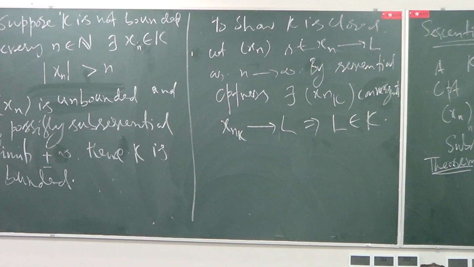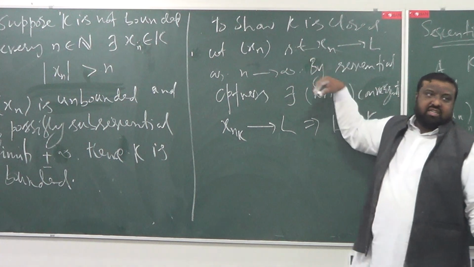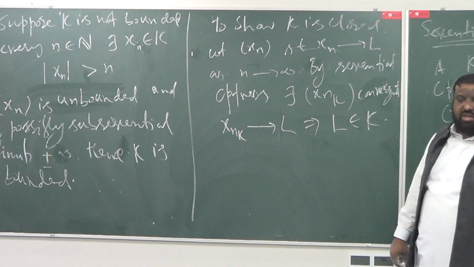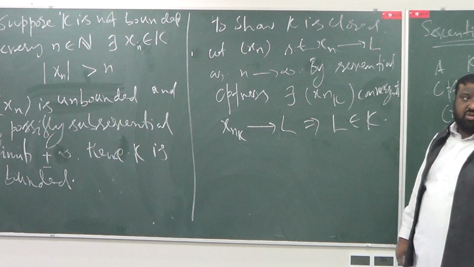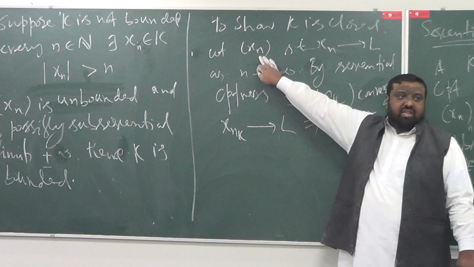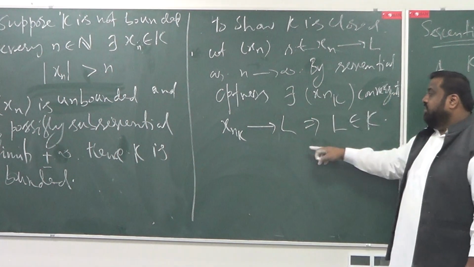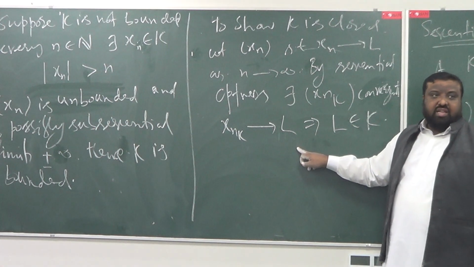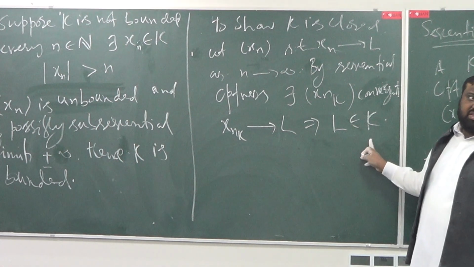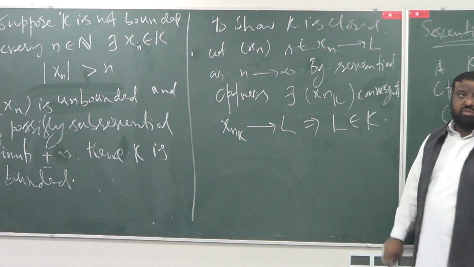What was the definition of closedness? Closedness says that take a convergent sequence, its limit should also belong to K. And I'm saying that it follows from sequential compactness: there exists a convergent subsequence, and since the sequence is convergent, its subsequence also converges to L, and this L is in K. Hence not only the limit of the subsequence, but the limit of the sequence is in K.